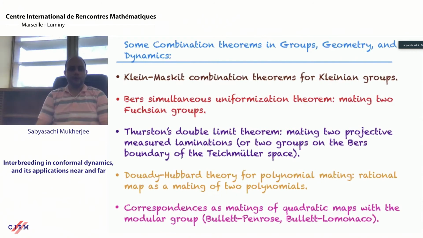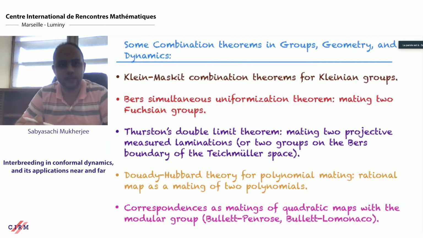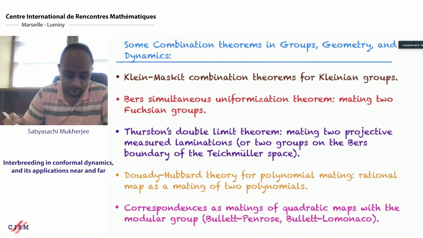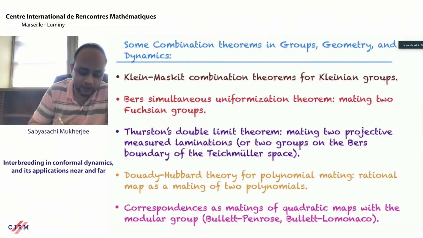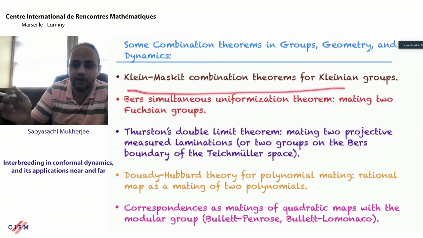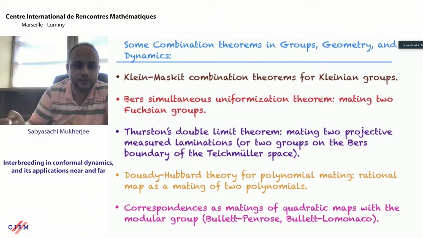To talk about combination theorems, one must first name some of the early contributions and the recent works in the framework of combination theorems in groups, geometry, and dynamics. The first thing that comes to one's mind is the Klein-Maskit combination theorem, which combines two Kleinian groups.